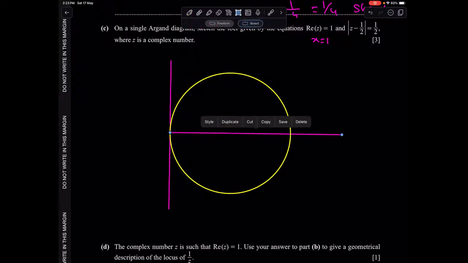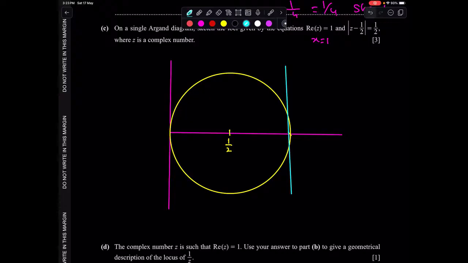So this is the center, half. So this should be 1. This is 1. And this is x is equal to 1, or real part of z is equal to 1.